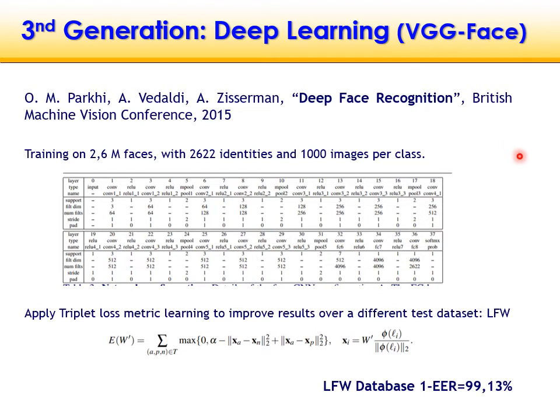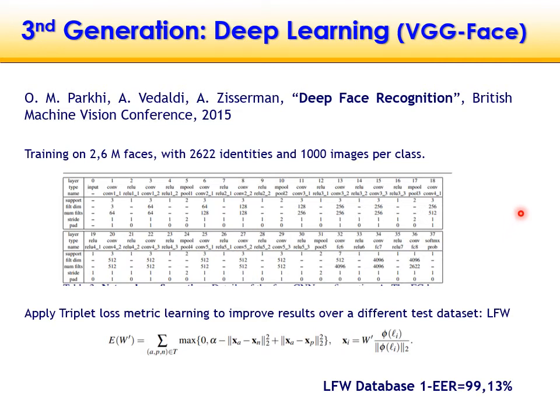The performance is very good, so you can see in this benchmark, performance is more than 99%, so equal error rate less than 1%, trained with 2 million faces, and the database called VGG Face is also publicly available. You can get it. 18 layers, millions of parameters already trained, so it works very well, publicly available, and it's widely used in the community for research and even as a basis for commercial systems.